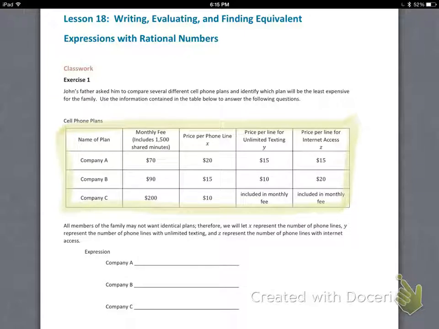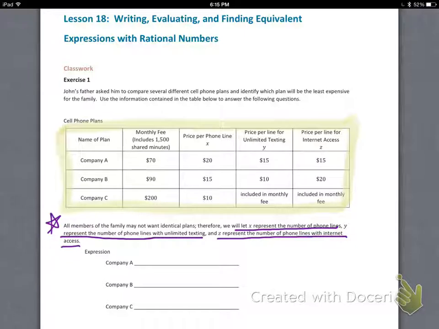It says all members of the family may not want identical plans. Therefore, we will let X represent the number of phone lines. Y will represent the number of phone lines with unlimited texting. And then Z will represent the number of phone lines with internet access.